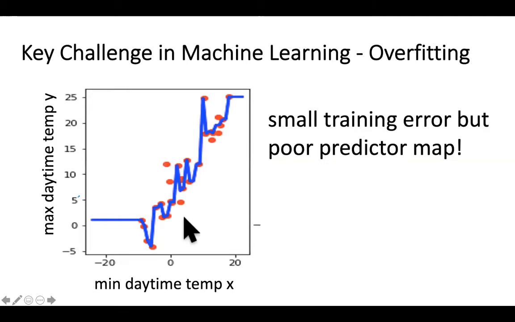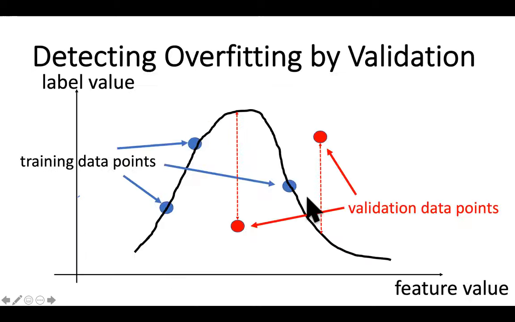And to avoid such cases, what we need to do is called validation. So we need to split the labeled data points that we have into at least two subsets. One subset we use to train the model, to tune the weights of the predictor. And after we have trained the predictor, we try it out on the other subset, which is called the validation set.